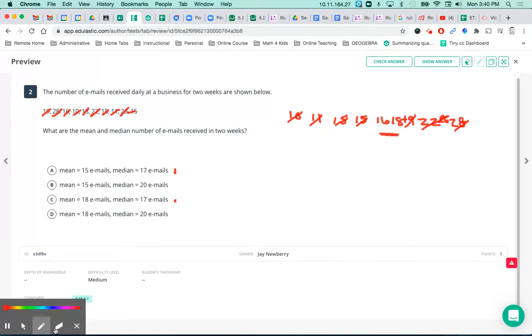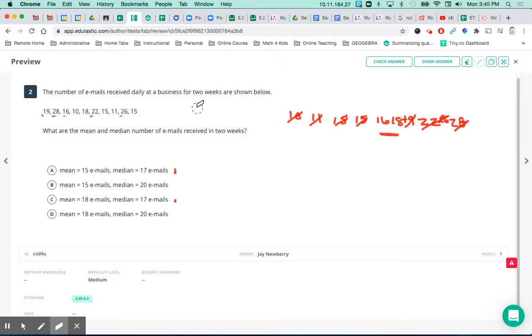To find the mean, we have to add all these back up. Now, I'm going to go ahead and erase my marks so I can plug these into my calculator and add all these numbers up. So we have 19 plus 28 plus 16 plus 10 plus 18 plus 22 plus 15 plus 11 plus 26 plus 15.